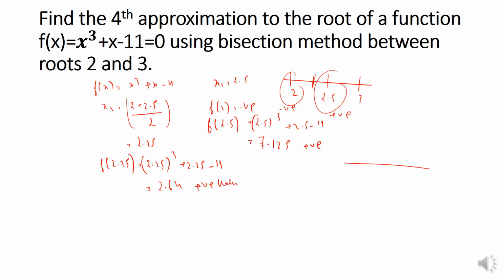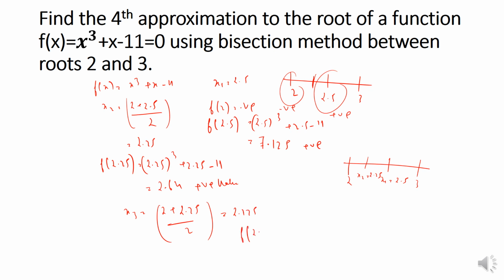So we started with 2, 3, then we had x1 is equal to 2.5, then we had x2 is equal to 2.25. Now x3 is equal to 2 plus 2.25 by 2, which is equal to 2.125.